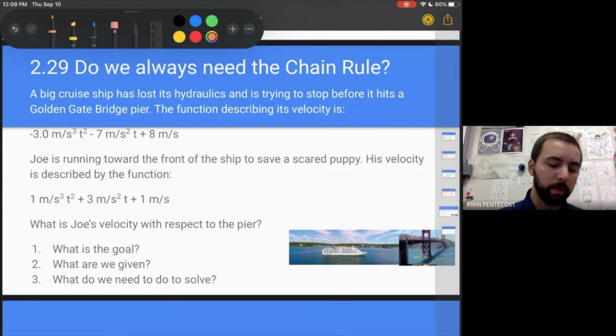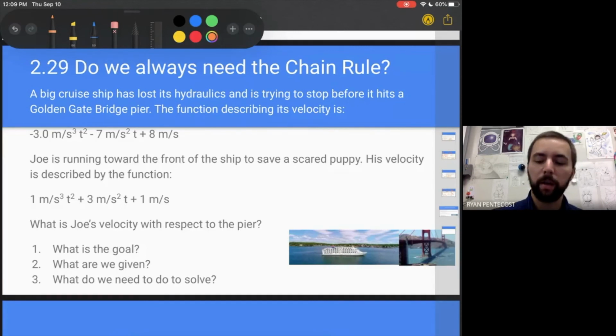Joe is running toward the front of the ship to save a scared puppy. His velocity is described by the function 1 meters per second cubed t squared plus 3 meters per second squared t plus 1 meters per second. What is Joe's velocity with respect to the pier?